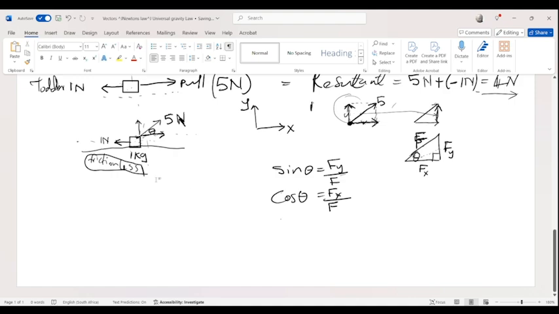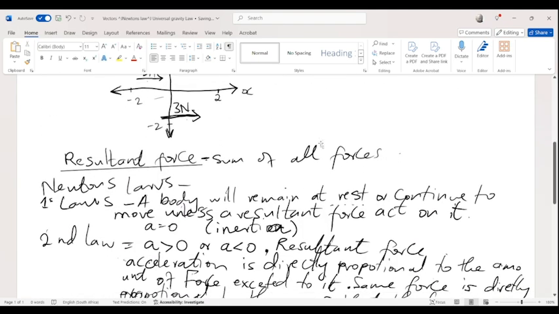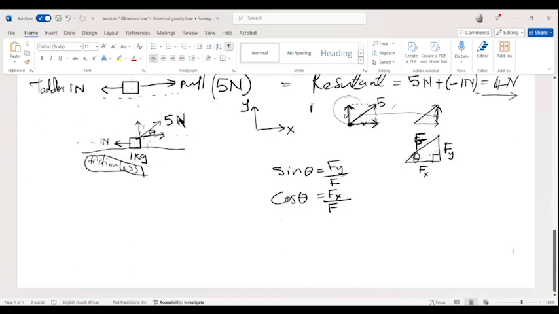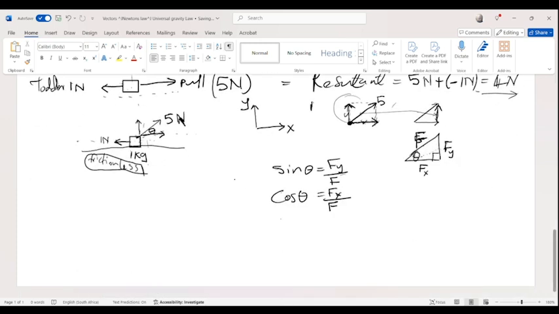I'm trying to extend what we have. I think you will agree with me that Fy is given by F sine of theta, and Fx is given by applied force cos of theta.